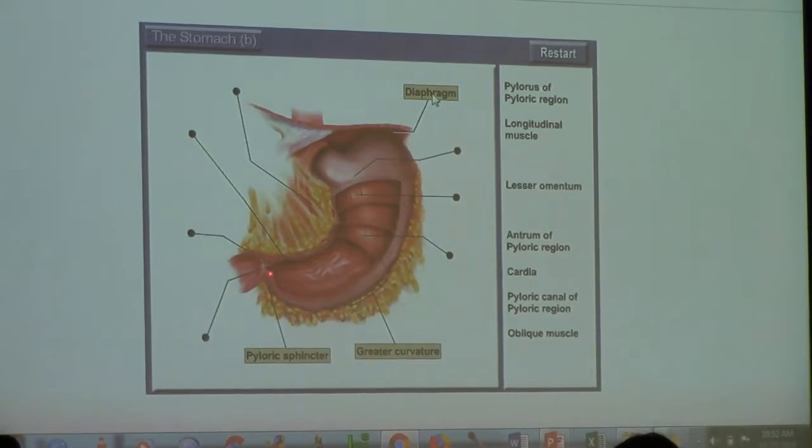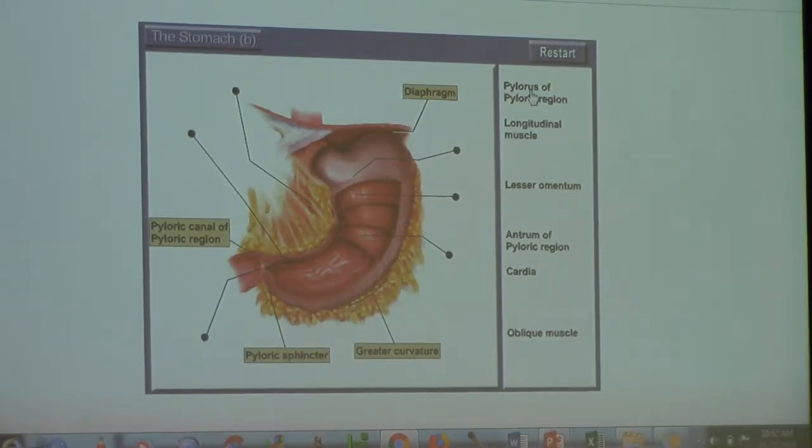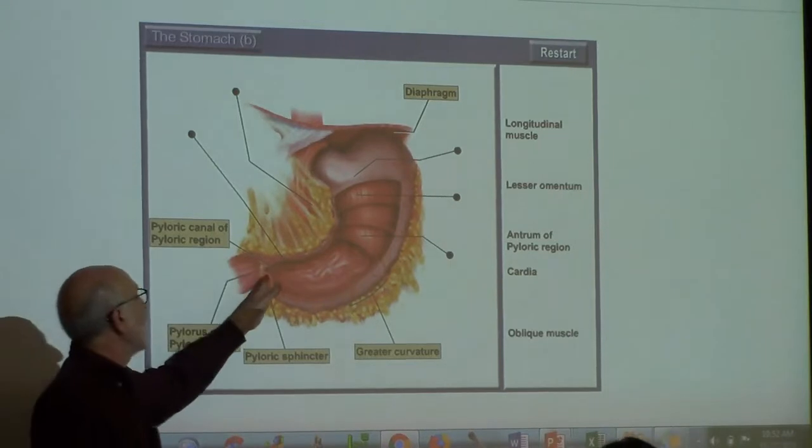This is the pyloric canal. Yeah, so pyloric sphincter is a canal. Well, that's weird. Okay, so this is the pyloric canal. That's weird. This thing is calling this the pylorus. Okay, don't worry about it. This is the pyloric sphincter.